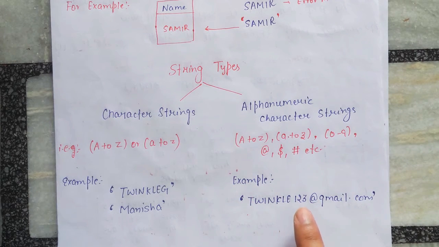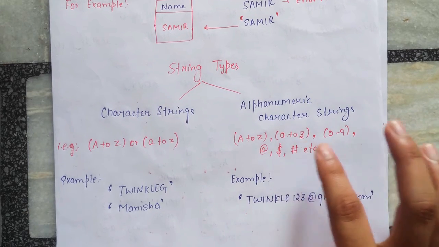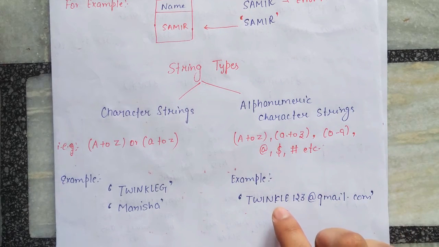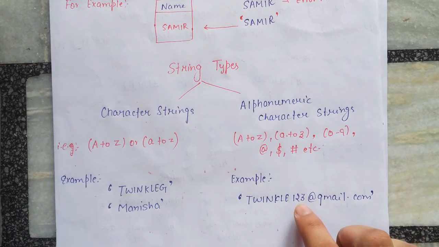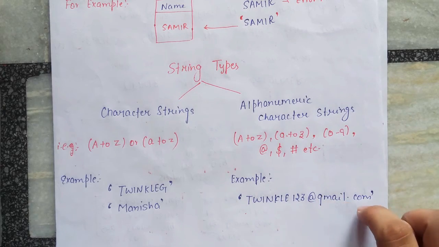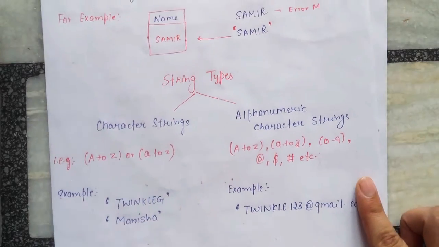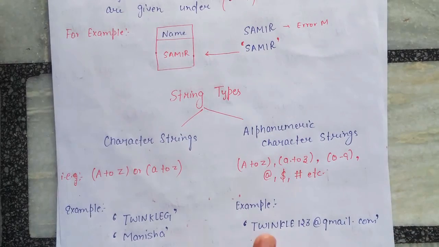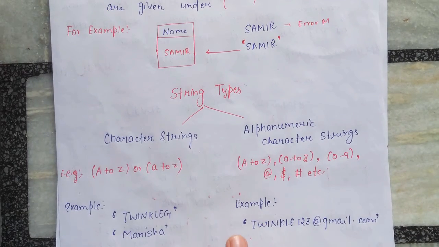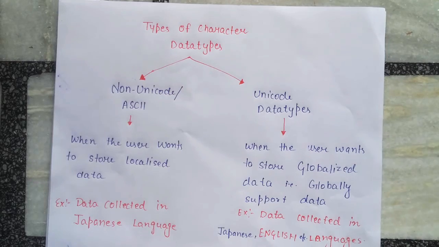It consists of a mixture of all of these: letters, digits, and symbols. So these are the two types of strings that we have. They are both considered character values, and we can store both as character values.